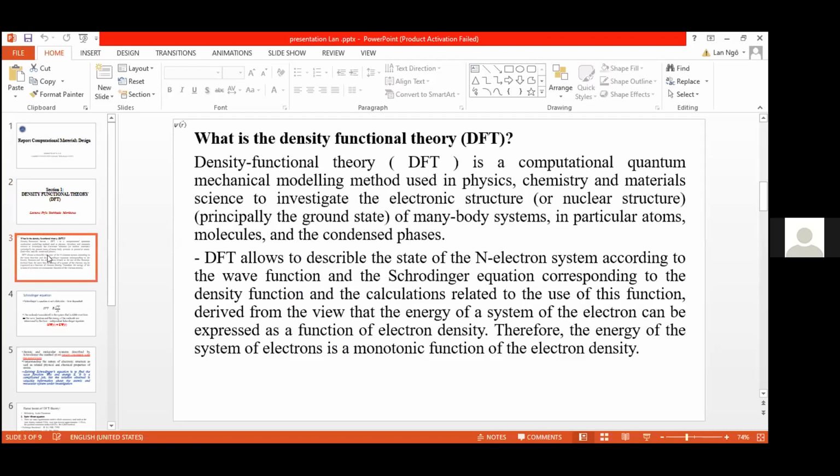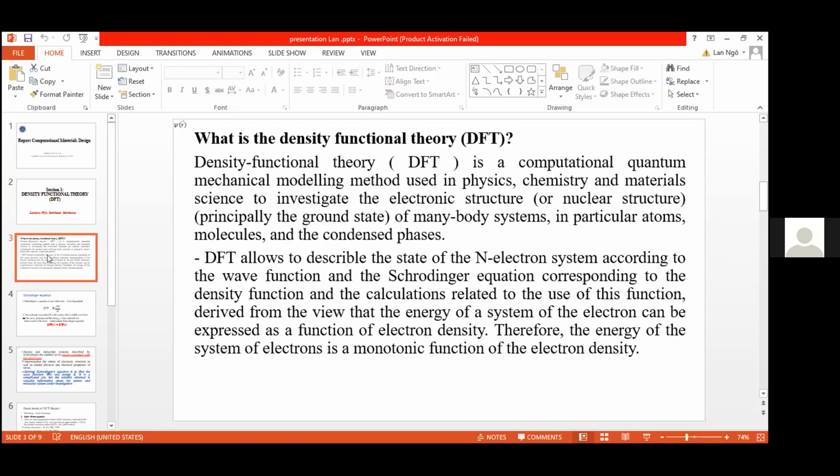What is density functional theory? Density functional theory is a computational quantum mechanical modeling method used in physics, chemistry and material science to investigate the electronic structure, principally the ground state of many-body systems, in particular atoms, molecules, and the condensed phases. It also allows describing the states of an electron system according to the wave function.